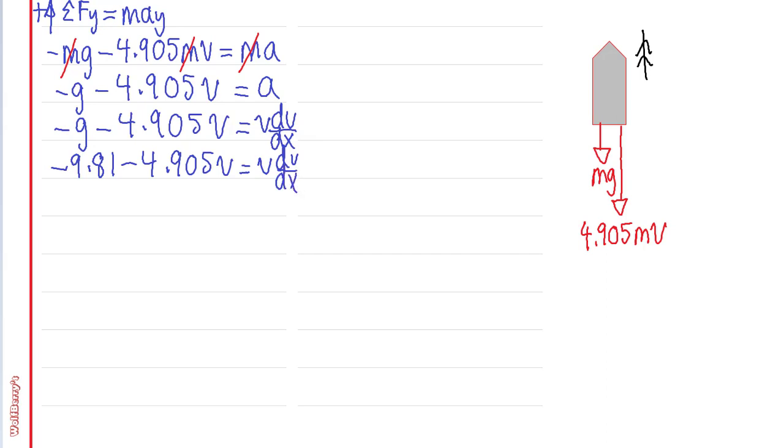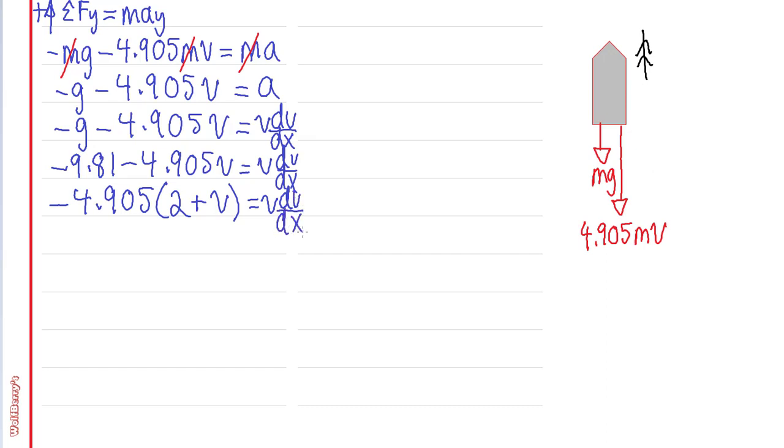The common factor on the left side is basically 4.905. So let's take minus 4.905 out of the equation. Open bracket, 9.81 divided by 4.905 is 2. 4.905 divided by 4.905, of course with negatives both ways, is going to be plus v, because we have a v there as well, equals v dv over dx.